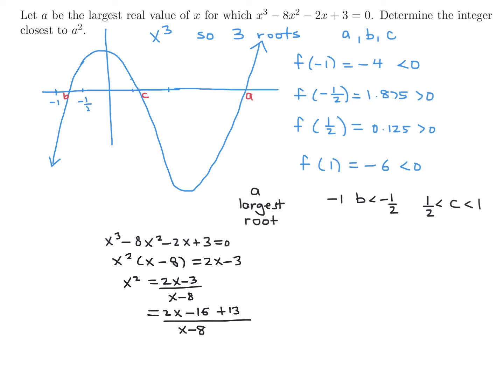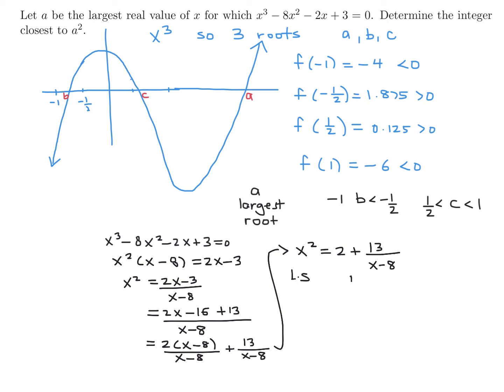And this is x minus 8. So the 2 I can factor to get x minus 8 over x minus 8. And then this 13 I can kick out separately, like that. Okay, so now x squared becomes 2 plus 13 over x minus 8. Okay, so this is my left side, and this is my right side.